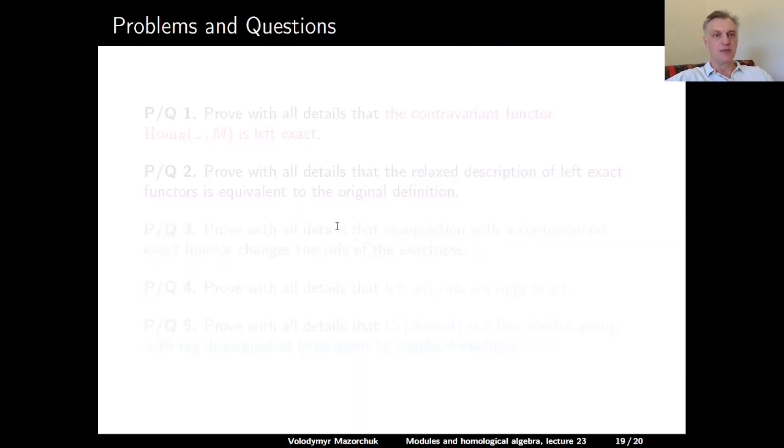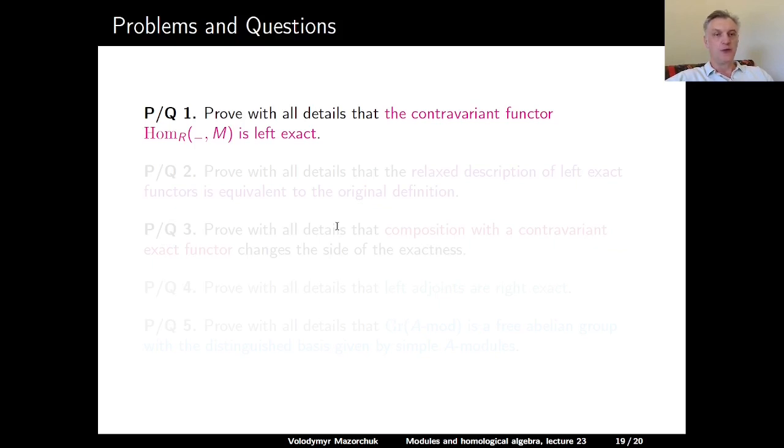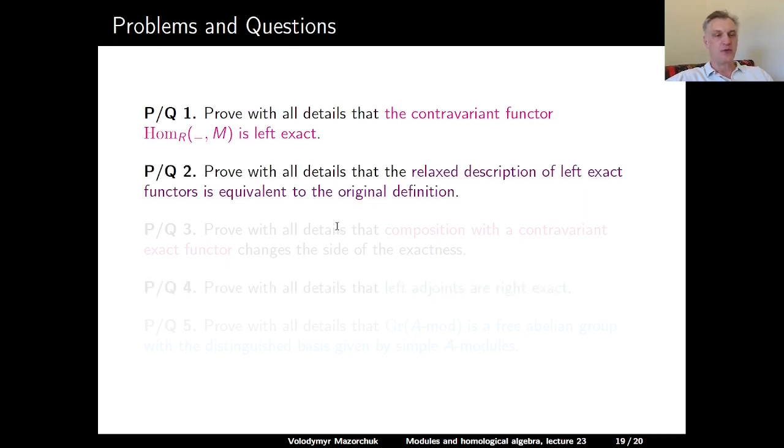Okay, some problems and questions at the end. Question 1: prove with all details that the contravariant functor of taking Hom_R into an R module M is left exact. Question 2: prove with all details that the relaxed description of left exact functors is equivalent to the original definition.